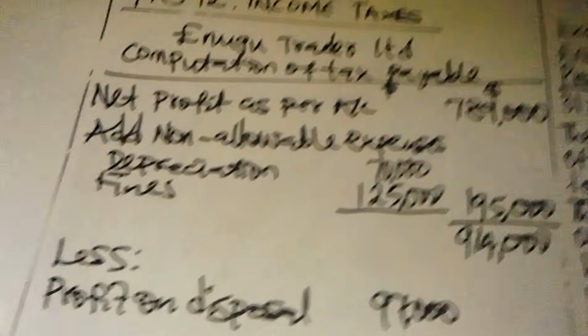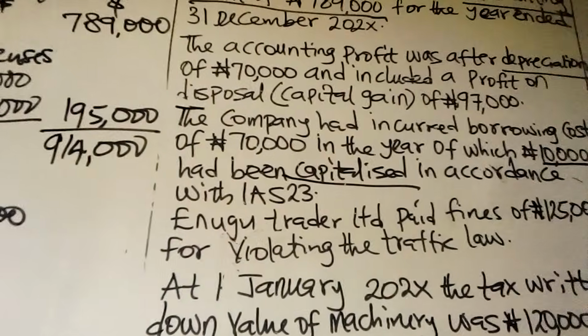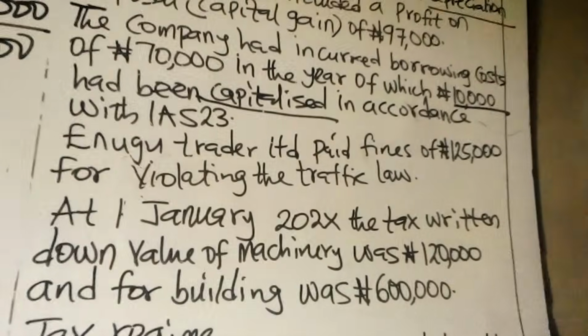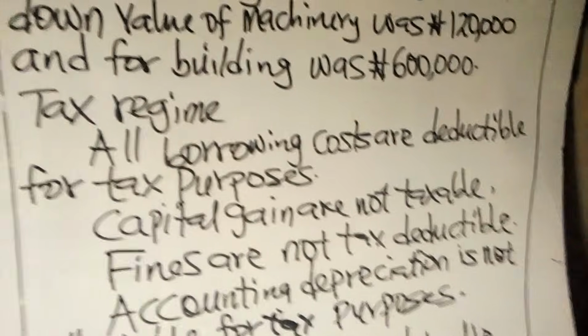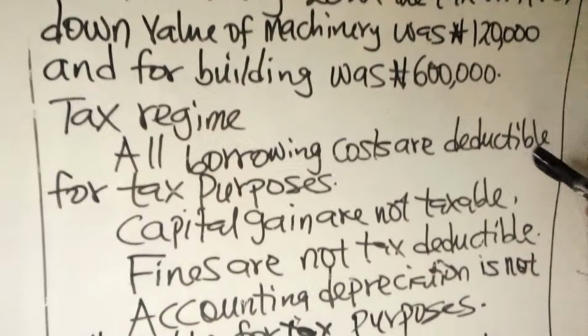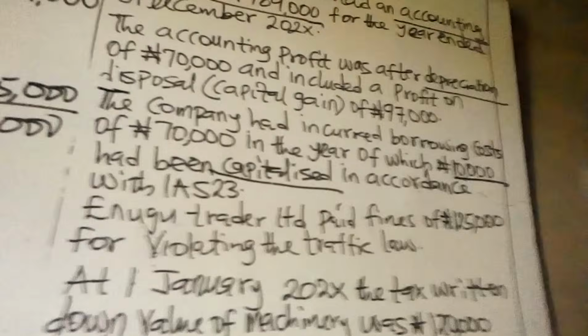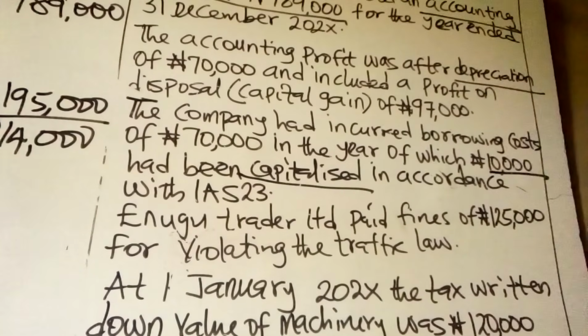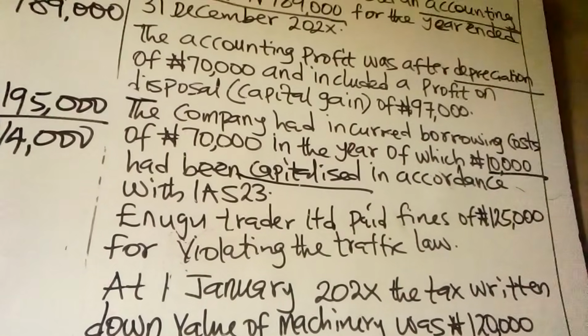Then aside from that, the borrowing cost of 10,000. Since you were told that all borrowing costs are tax deductible, the 10,000 which has been capitalized, which has not been deducted, you will need to deduct it since it is allowable. I've told you that tax deductible means allowable. Since it is allowable now and it has been capitalized, that means it has not been expensed in the statement of profit or loss. So you will need to deduct it now.